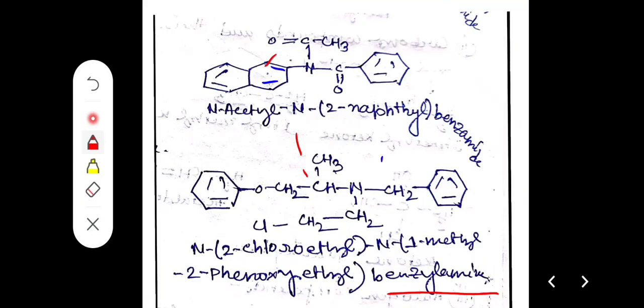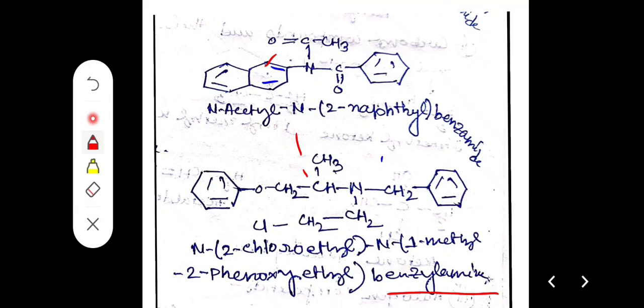There should be examples, that is N-acetyl-N-2-naphthylbenzamide. The first structure is the simplest form of benzamide. Okay, so this NH2 is substituted by one acetyl group and another 2-naphthyl group.